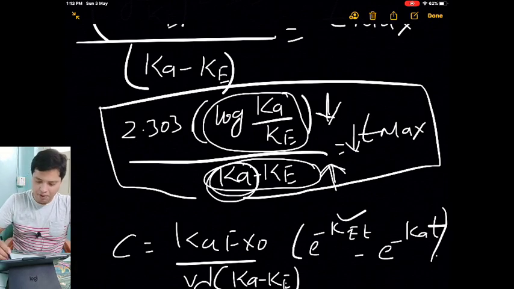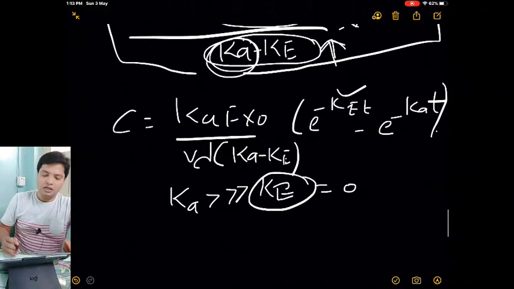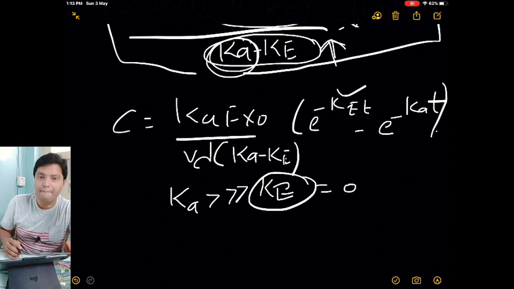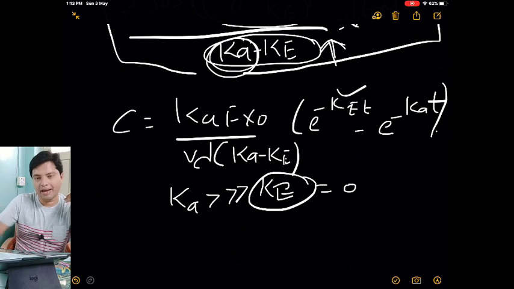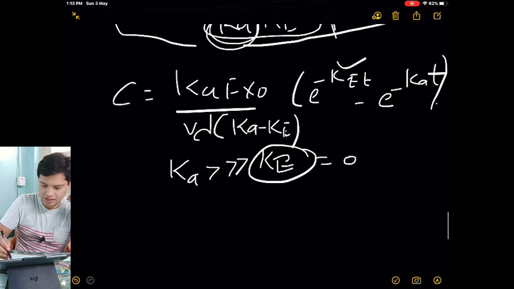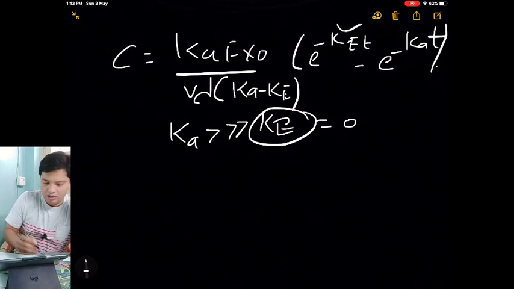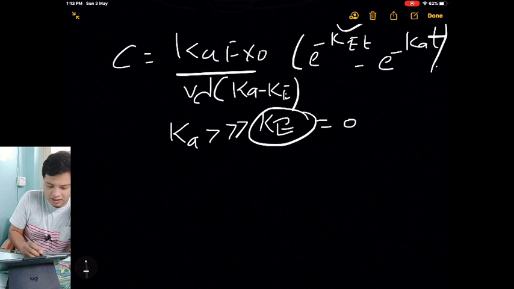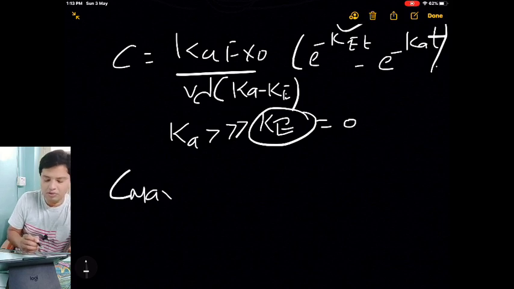So by taking this part, we derived one common equation, the main equation. From that main equation, by applying this knowledge, that the absorption rate is more, we get one equation, because we are trying to see the time to reach T max.